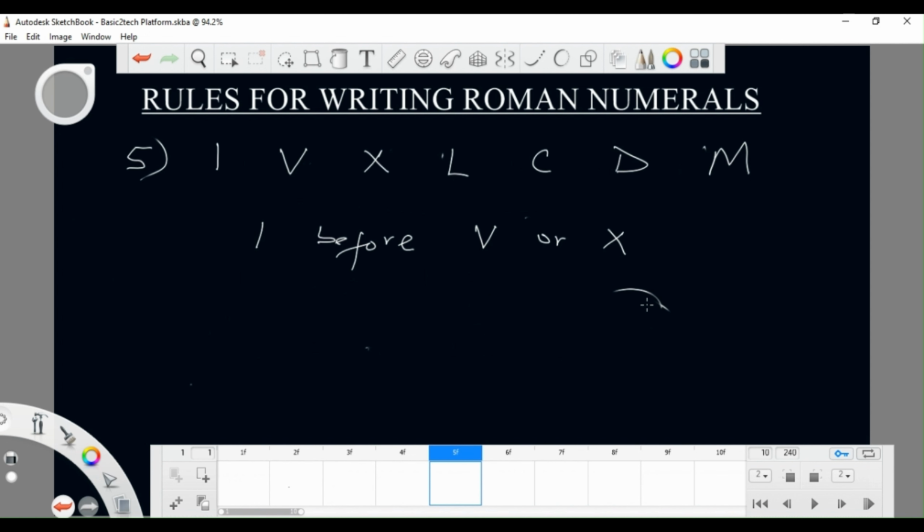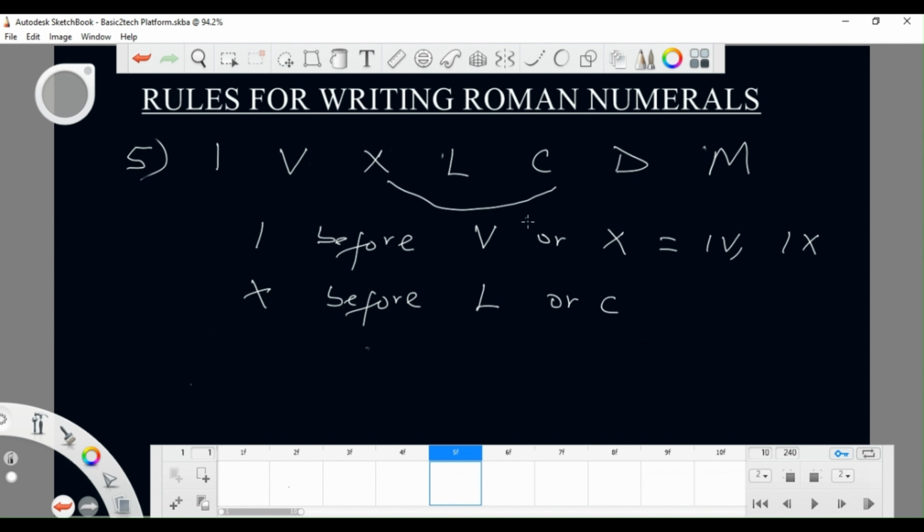So for example, we can place I before V, so we have IV, and we have IX. Again, we can place X before L or C. As you can see, they are close.